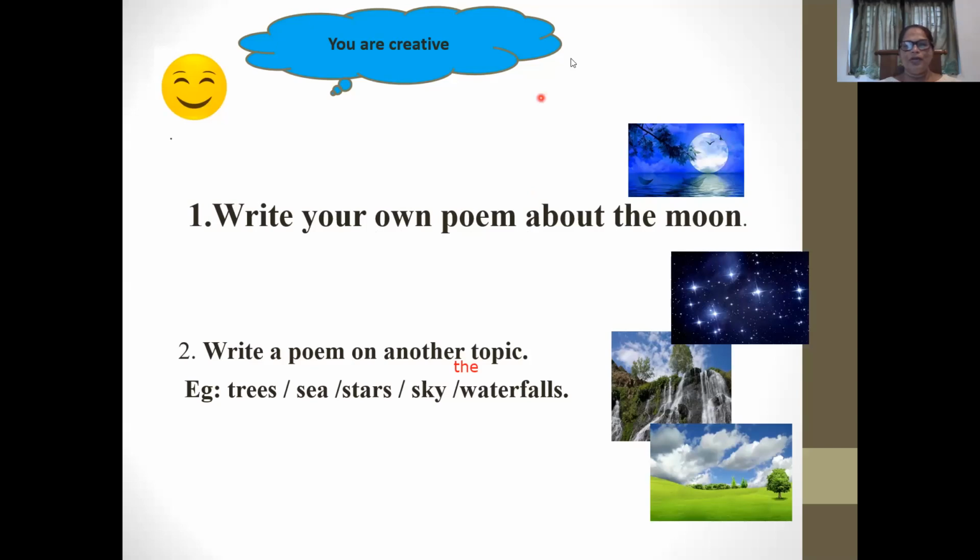Also, you can think about another thing from nature to write a poem. You can take another topic. Trees, sea, stars, sky, waterfalls, or any other. You can write a poem about anything. So you are creative, I know. Try a poem. During vacation, you have a lot of time.